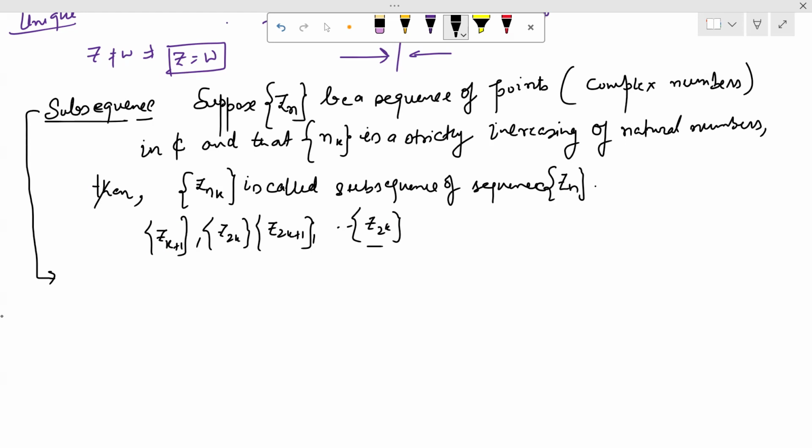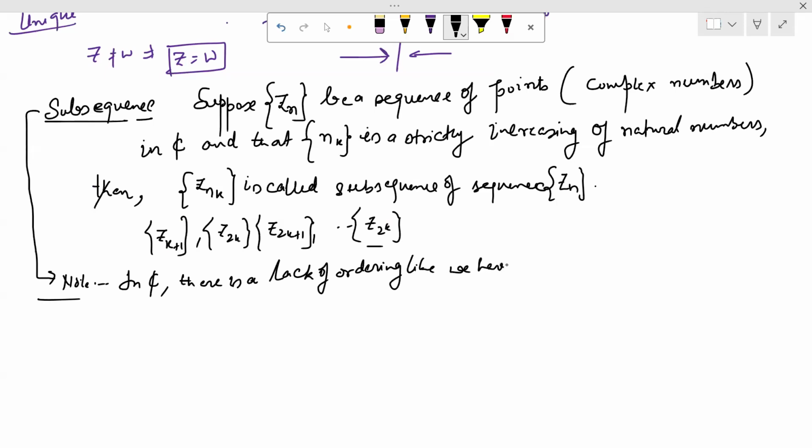Okay, one thing I forgot to mention previously also, that there is something called the lexicographic order in C. Just note here, remember what I've told, that in complex numbers in C there is a lack of ordering like we have in R. In that sense, we do not have an ordering.